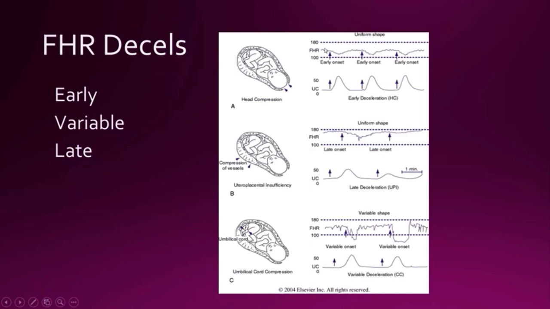And you will see that there is a deceleration with each contraction, but it kind of mirror images the contraction. Meaning that when the contraction starts, the heart rate starts to drop, but when the contraction ends, it's already back up to its previous baseline. So earlies are going to mirror image the contraction.